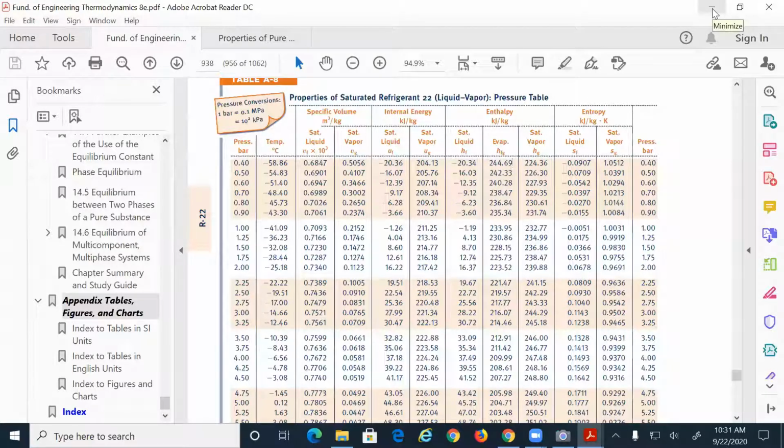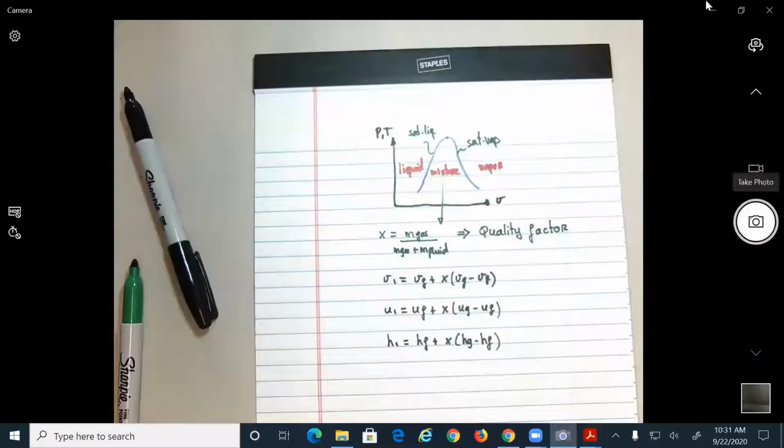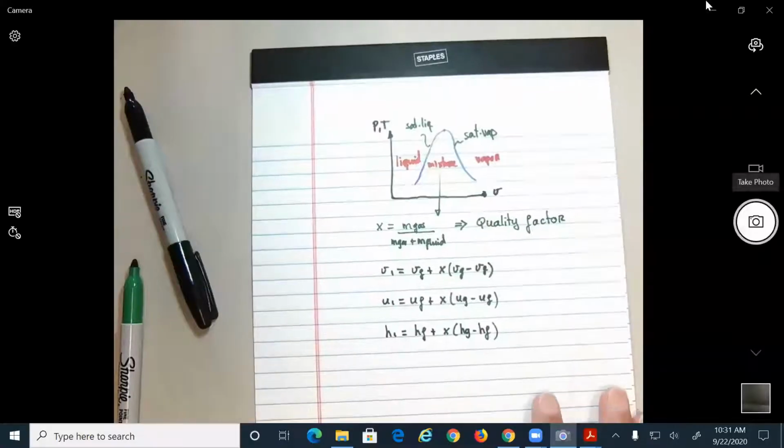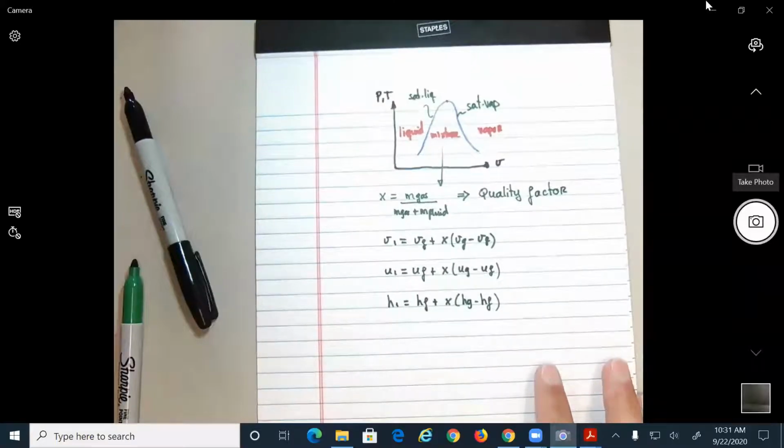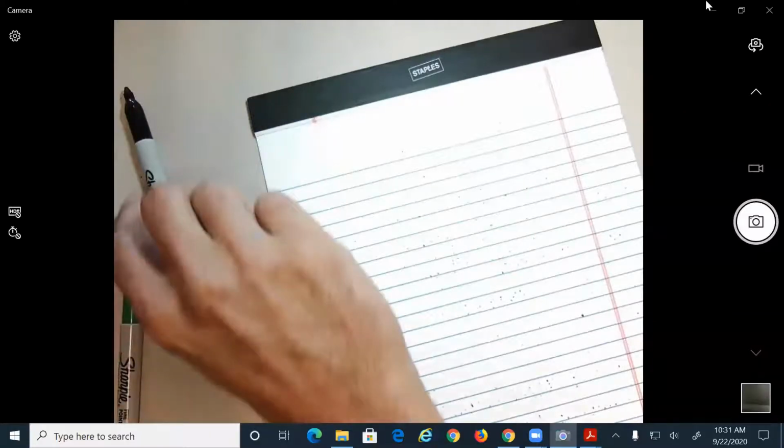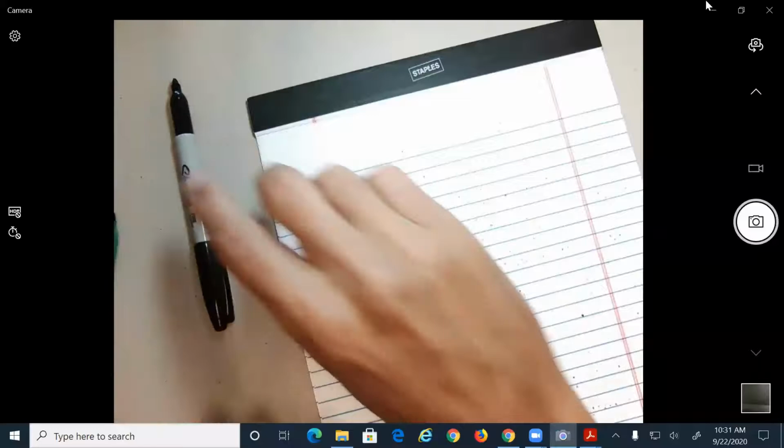All right, so after seeing that, let's do another problem. Now let's do one from your textbook. Let's go to another page and let's start a problem. This time the example will come from your textbook.